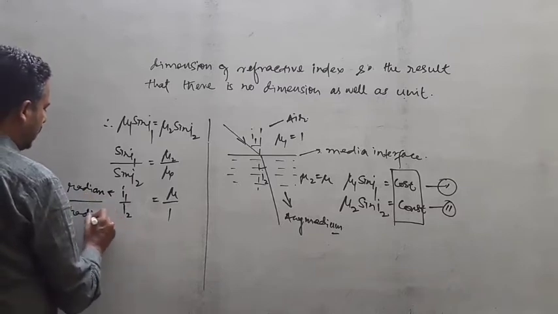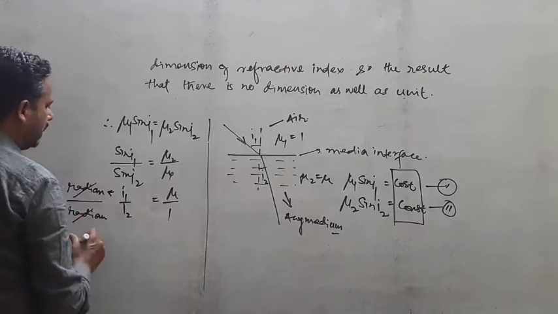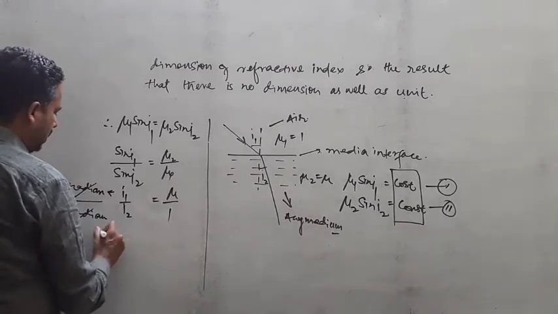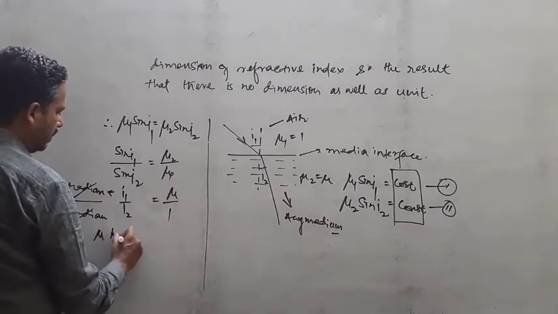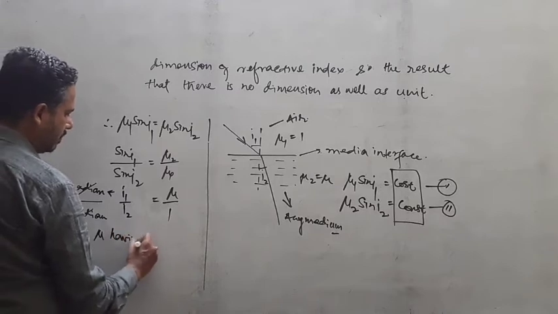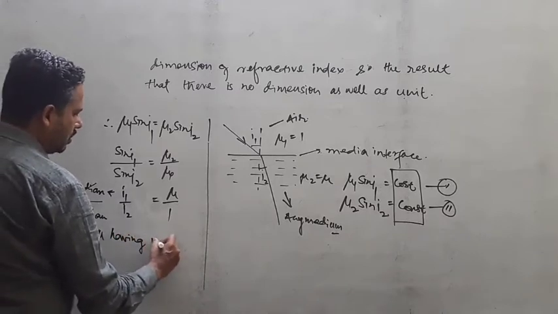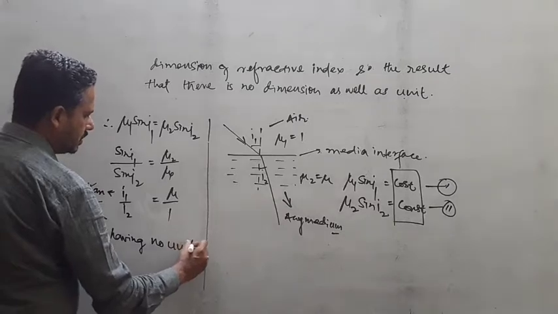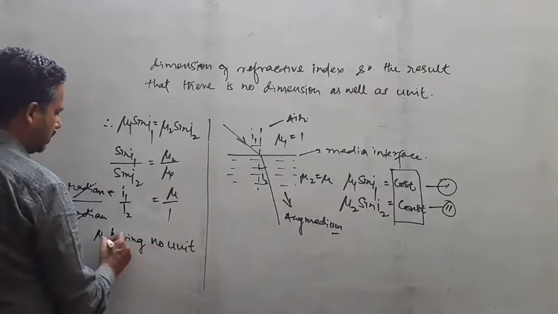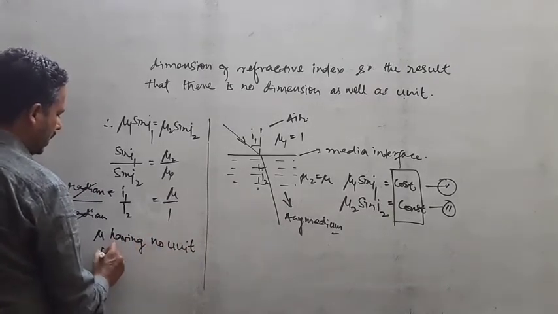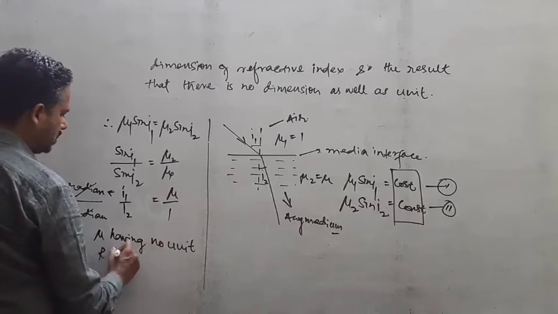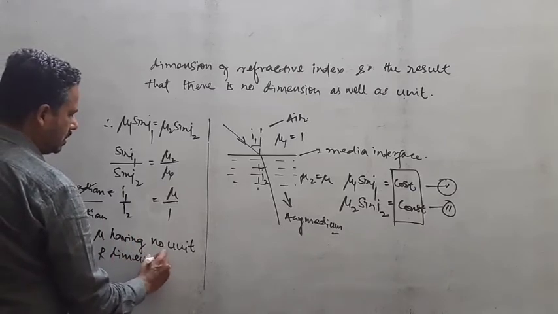So what happens from here? That will be cancelled. That's why mu has no unit and no dimension.